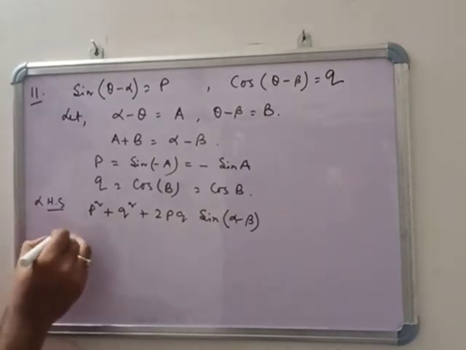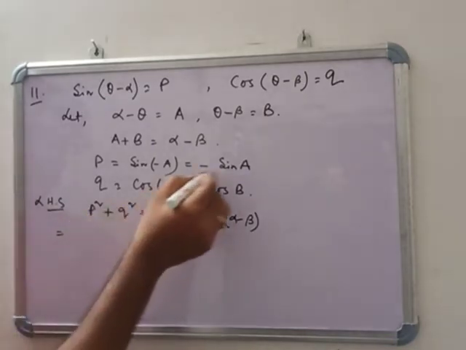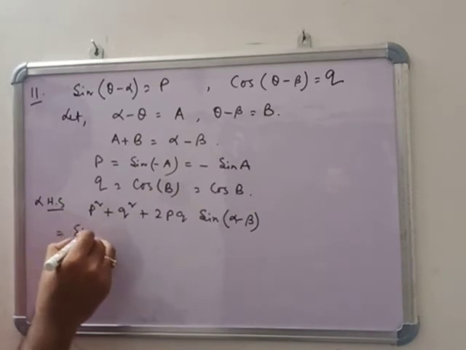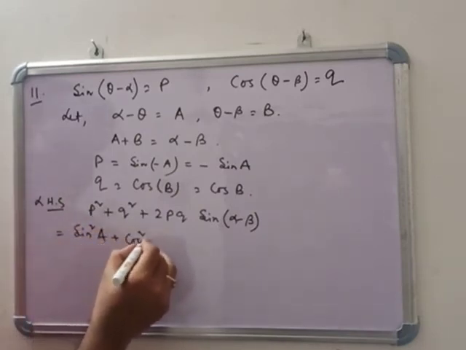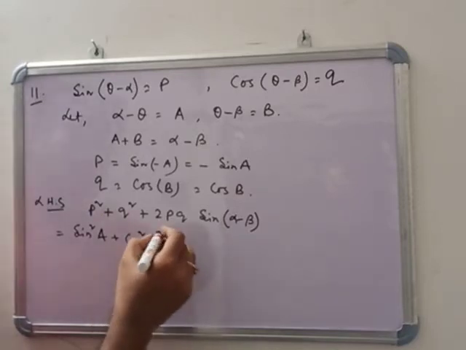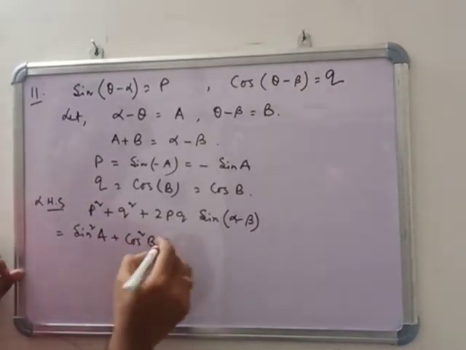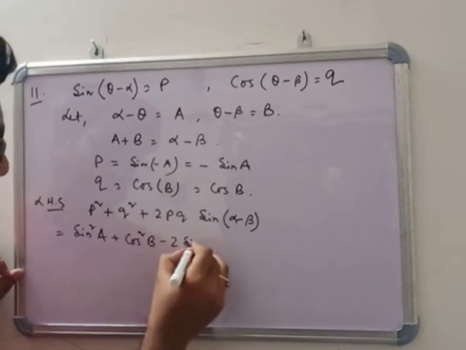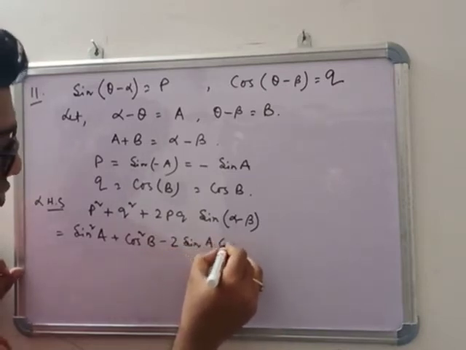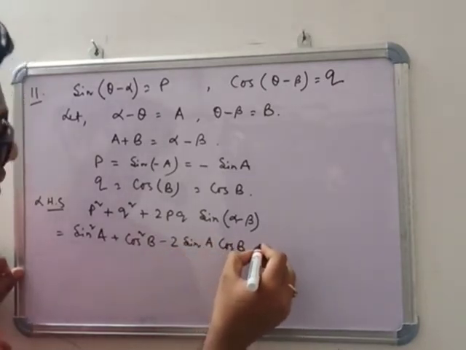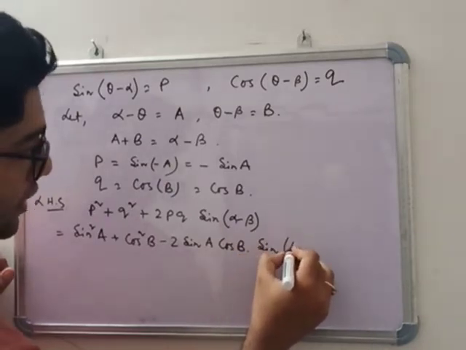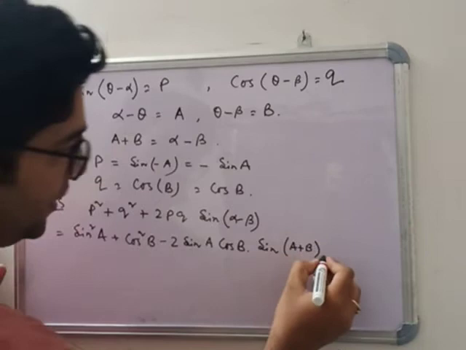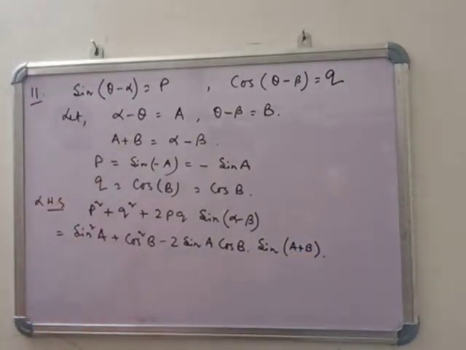So if you put the value of this, so P means sine A, that means sine square A plus cos square B plus minus 2 sine A cos B sine of A plus B. Just put the value over there, okay?